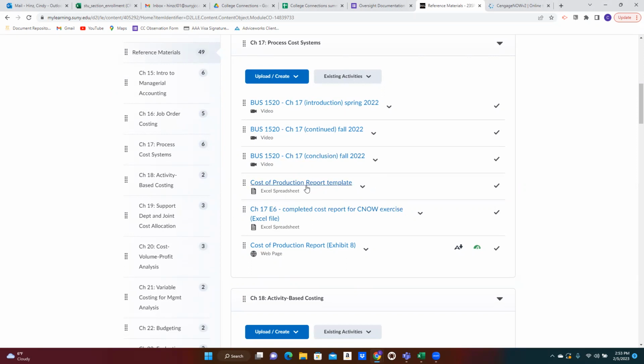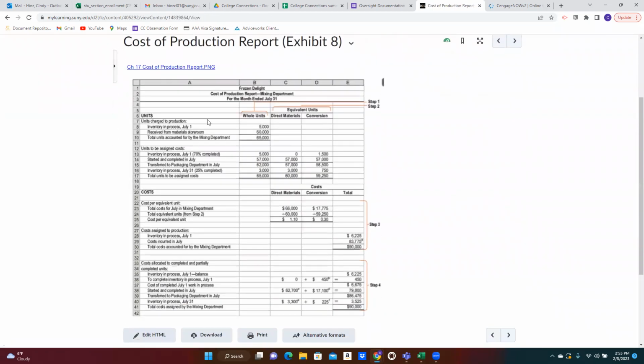There's also an Excel spreadsheet here that I'm going to be using today. There's a completed cost report for this exercise from last semester, so the numbers may be different. And then there's an exhibit that is a snip from the book that shows what the general layout of that cost report would look like when it's completed.